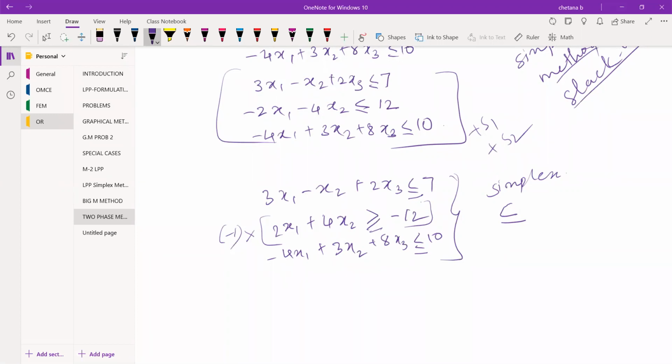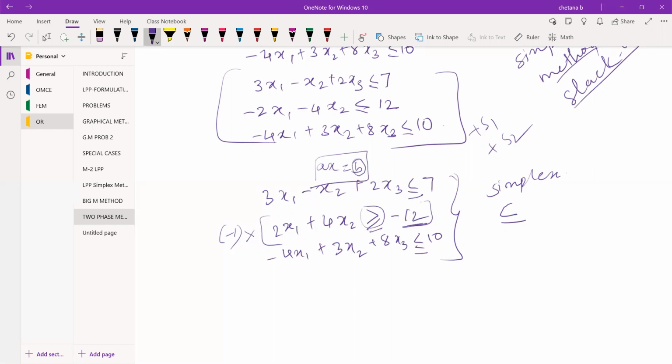You may ask me why we need to multiply by -1, as we can use the surplus and the artificial variables here for the greater than or equal to symbol, but there is -12 here. So always remember, the constraint equations are in the form of Ax equal to b.